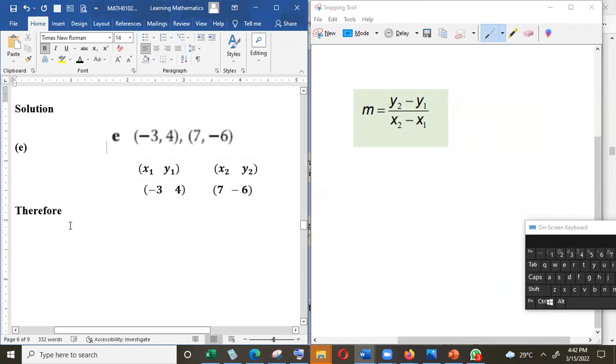So now, here's the formula. m is equal to y2 minus y1 over x2 minus x1.